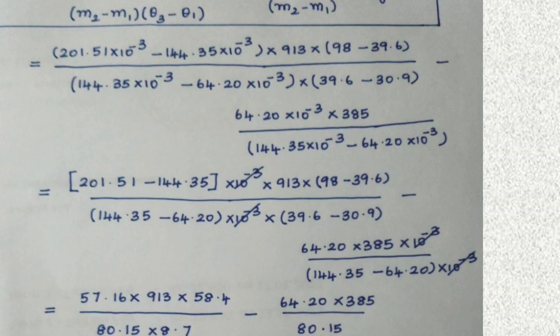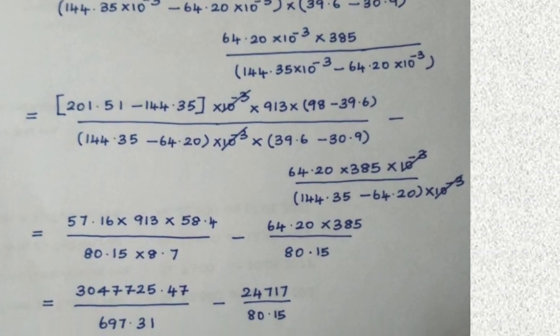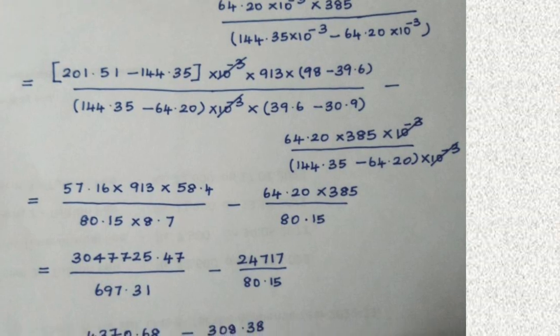After taking these out, we have 201.51 minus 144.35, into 913 into 98 minus 39.6, the whole divided by 144.35 minus 64.20, into 39.6 minus 30.9. The 10 power minus 3 in the numerator and the denominator gets cancelled, minus 64.20 into 385, and the 10 power minus 3 in the denominator of the second term is also taken outside and gets cancelled.